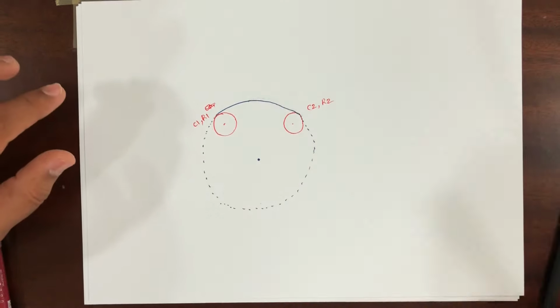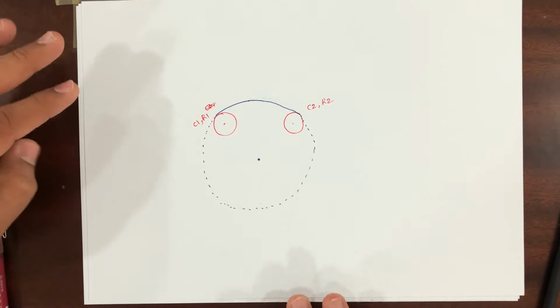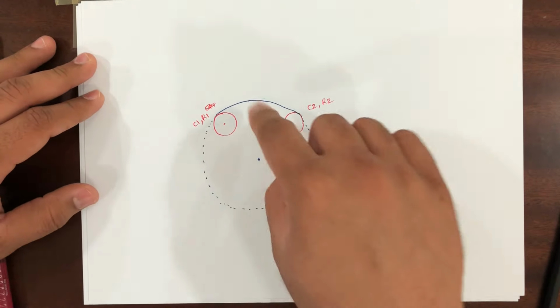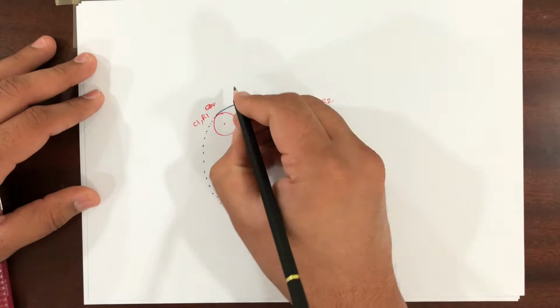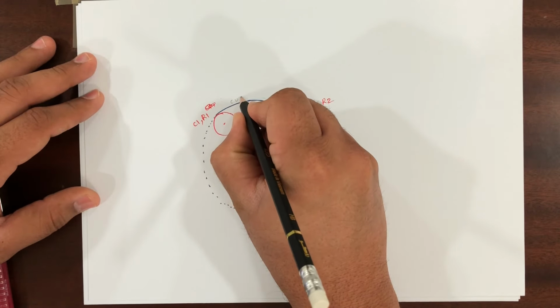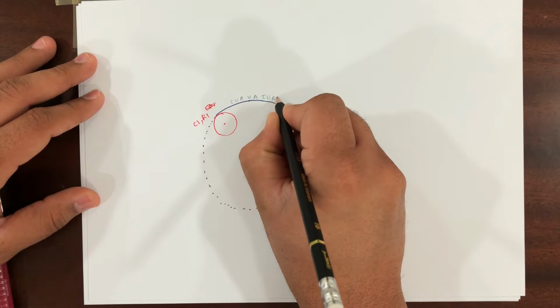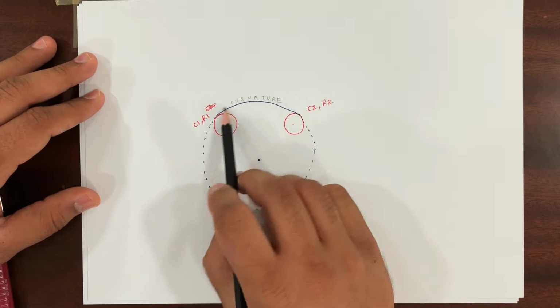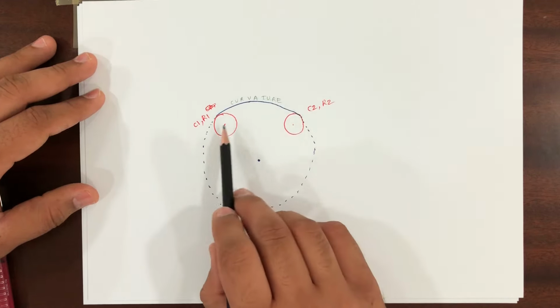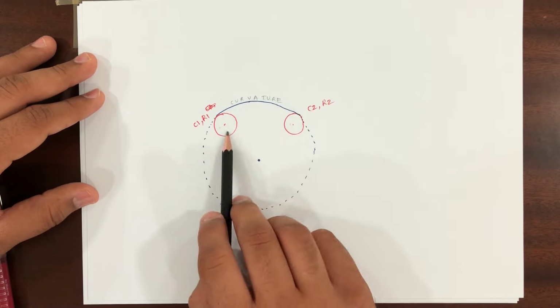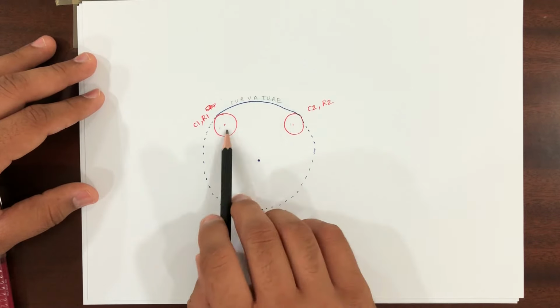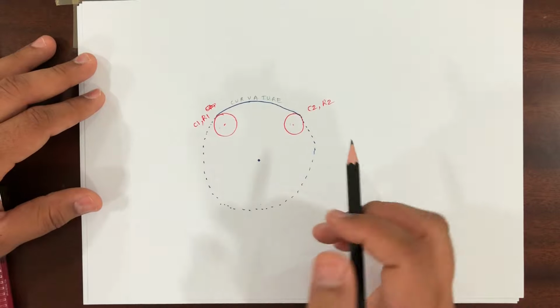Now this is what? This is the curvature. And this curvature is nothing but a tangent to these two circles. The curvature is tangent to these two circles, okay.